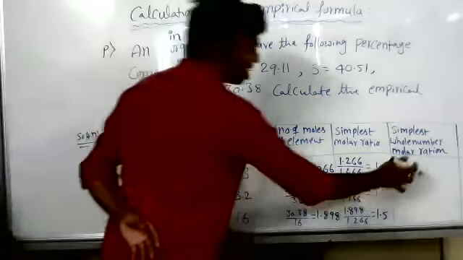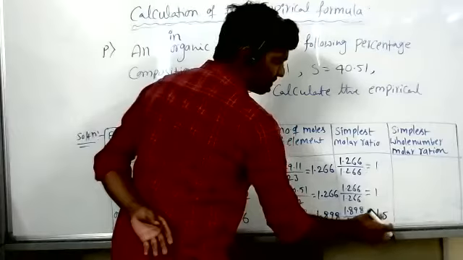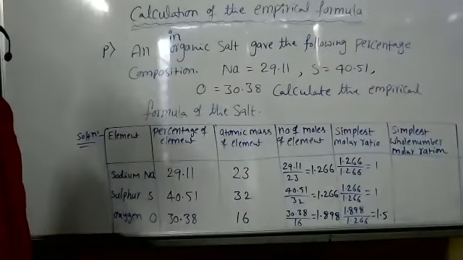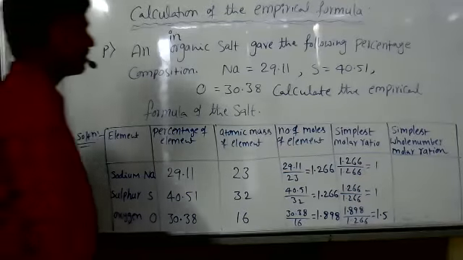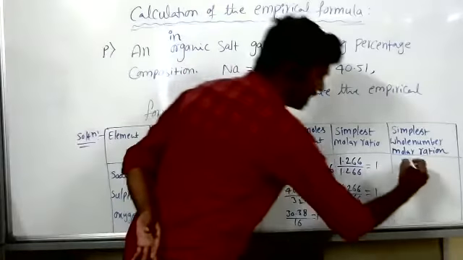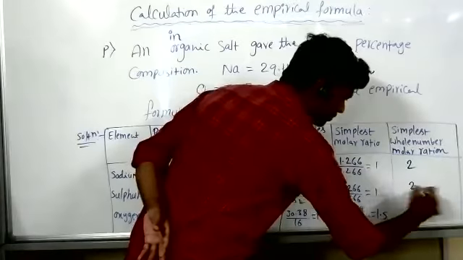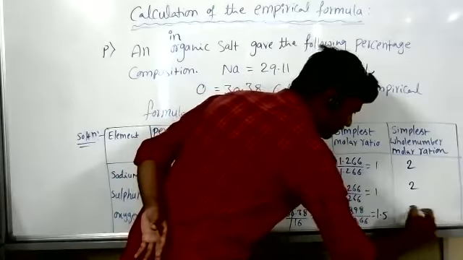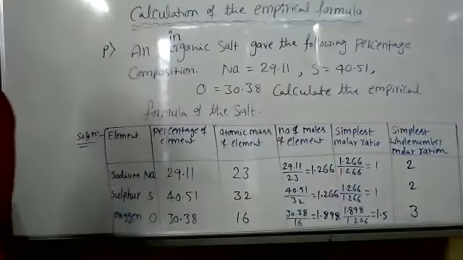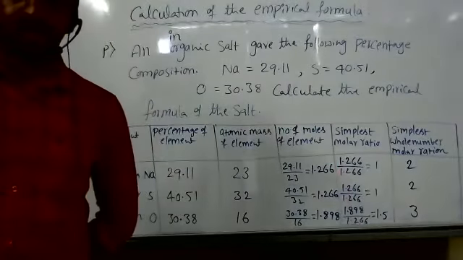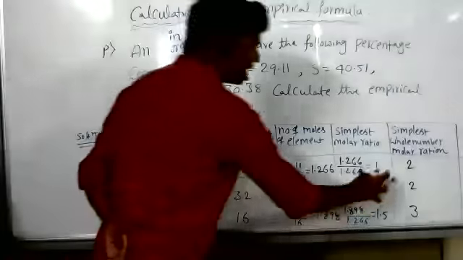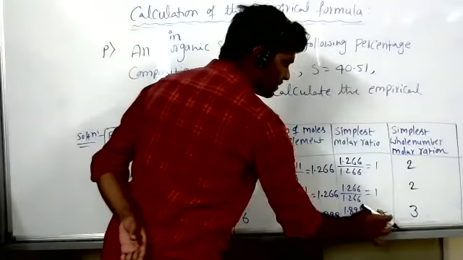So we want whole numbers. If you multiply the numbers with 2, we can get whole numbers. Multiply this with 2, this also with 2. When 1.5 is multiplied by 2, it gives 3. Why have we multiplied with 2? If you didn't multiply with any number, it gives a fractional value.